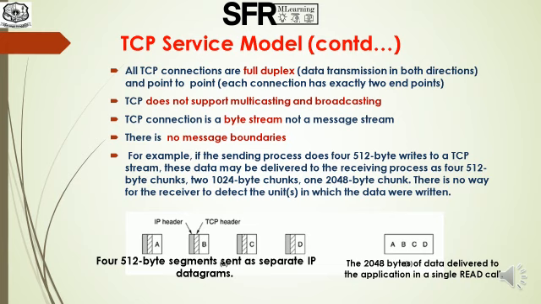So there are no boundaries. Here there are 2 diagram examples. The first diagram shows the data sent as 4 512 bytes and the second diagram shows the data sent as 1 2048 bytes. So here the data is in the form of a byte stream and not a message stream.